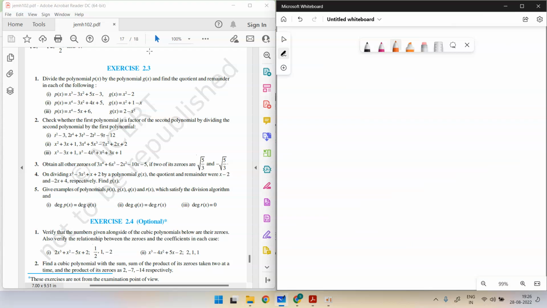See, generally it is written that p(x) equals g(x) into q(x) plus r(x). The degree of p is the degree of q.